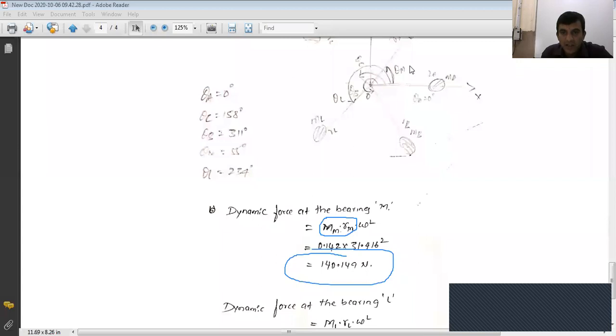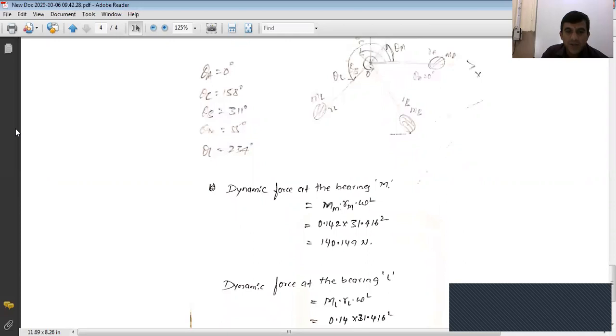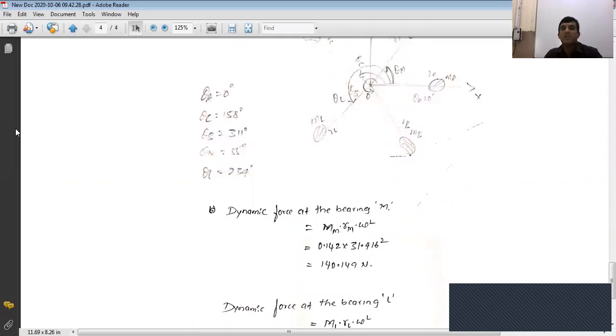Is it right? Any doubt? Similarly, calculate the dynamic force at bearing L. That is m r omega square, M suffix L, R suffix L, omega L square. Now calculate, now tell me the value. If you're not able to understand, please ask the question.